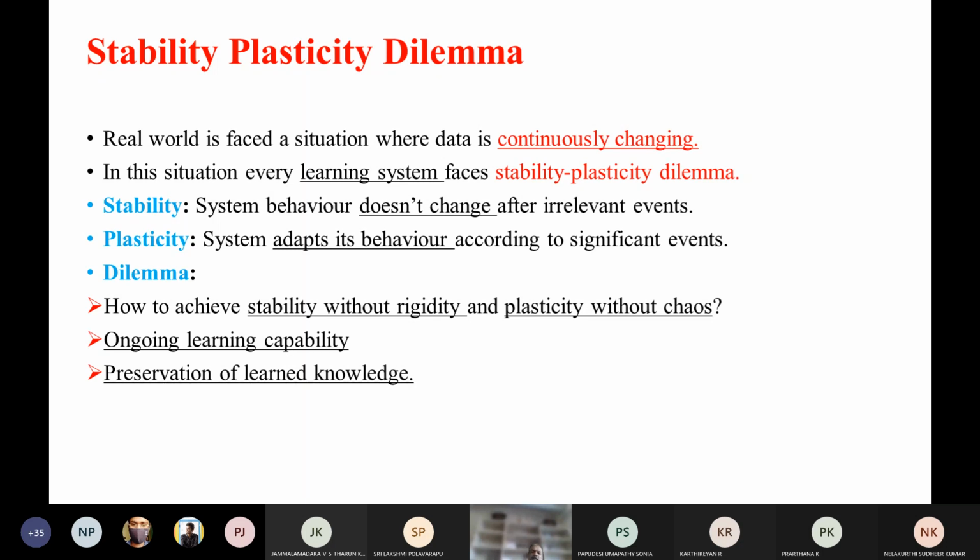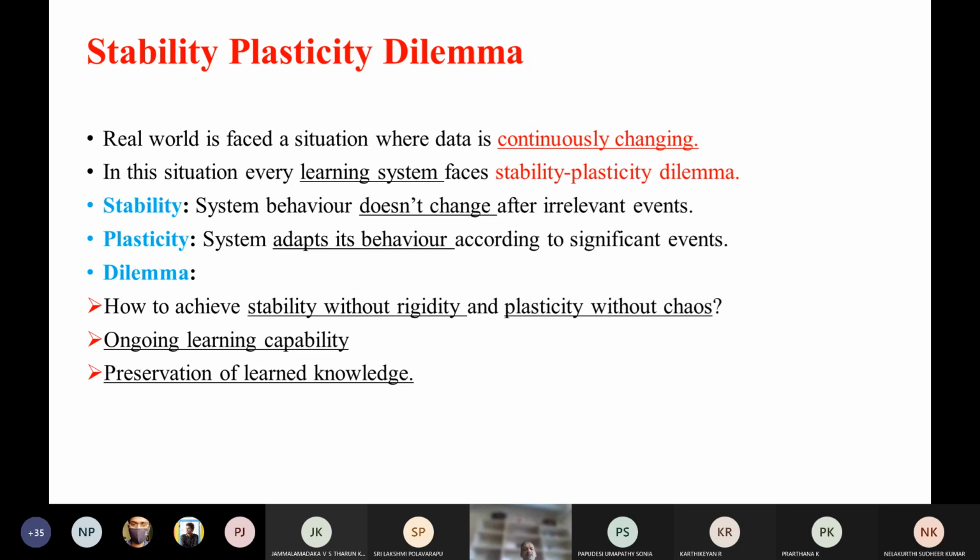Then the next one is how our learning capability is done. The current learning capability, or it may be considered as ongoing learning capability. How we learn, or observe, or experience the current or given environment. Then the next one is the preservation of learned knowledge.